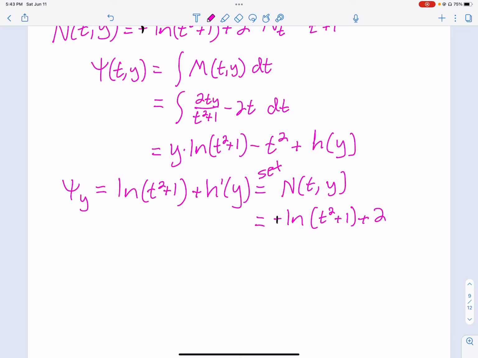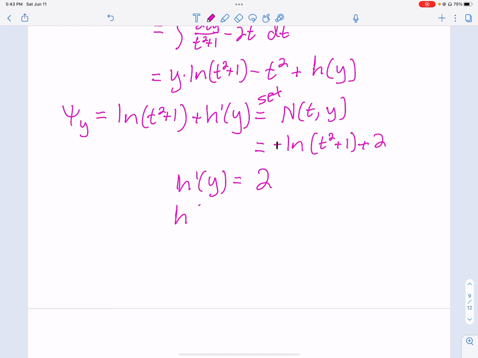I have the ln on the left and right, so those can just go away. So I have h prime of y equals 2. That tells me that h of y is equal to 2y plus c1.